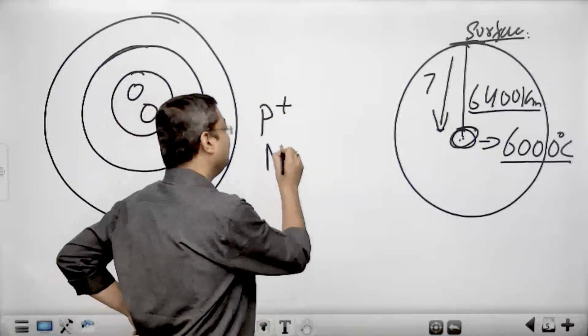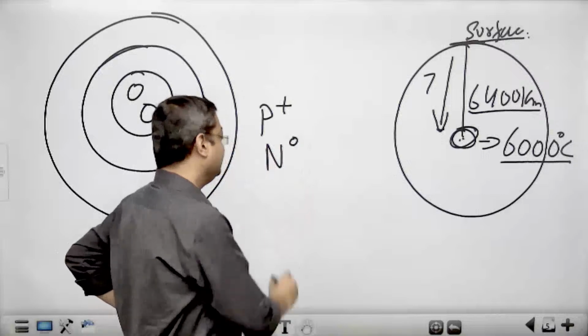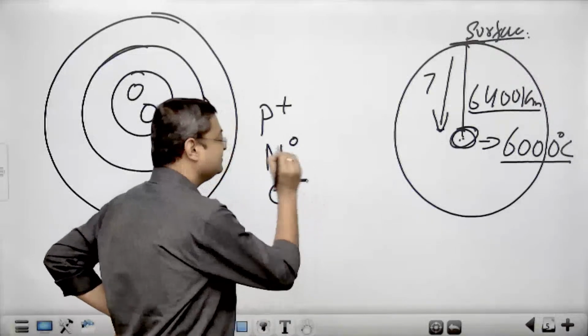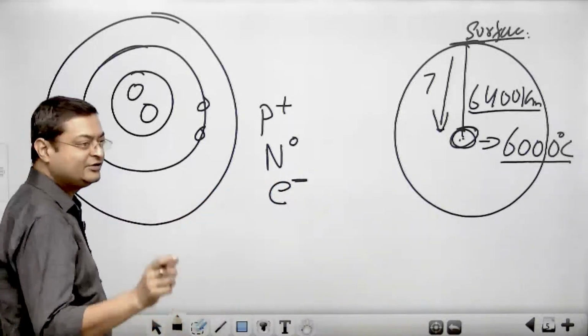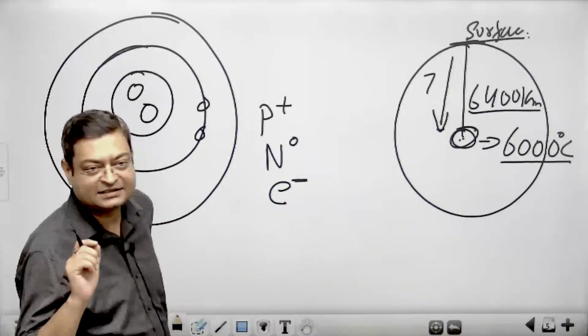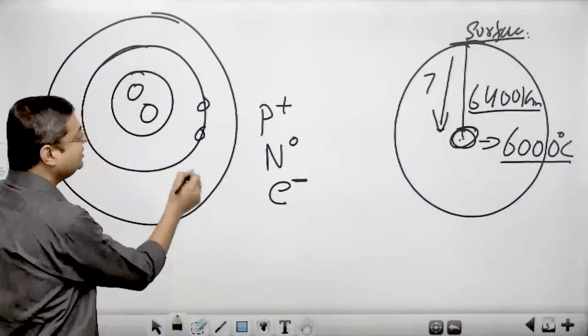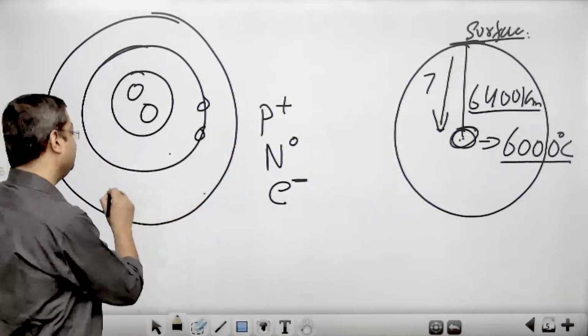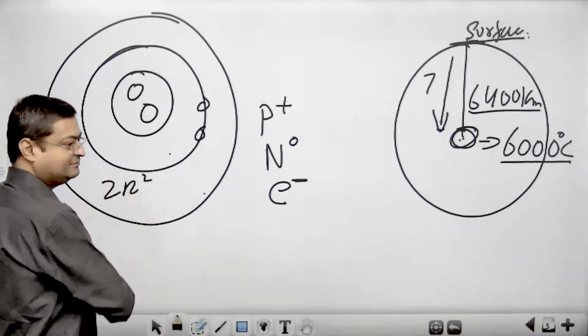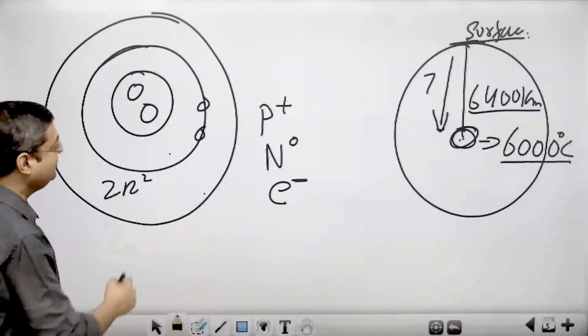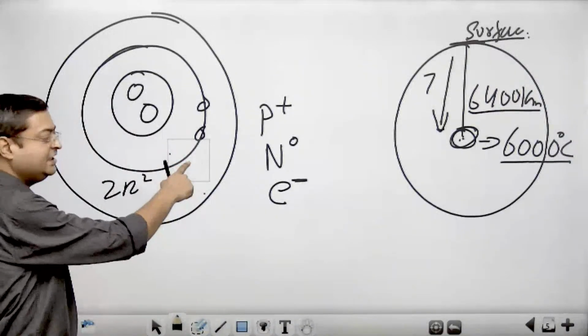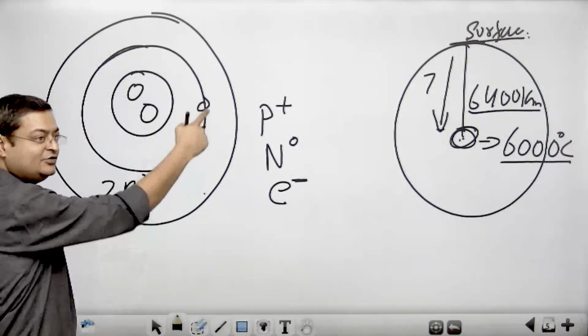Neutrons have a neutral charge, and electrons have a negative charge. And this rule was studied in standard 8th. The outer shells are filled with the rule of 2n square. n is the number of the shell. So if it is the first shell, it will consist of 2 electrons.